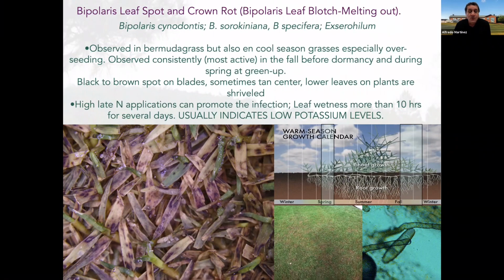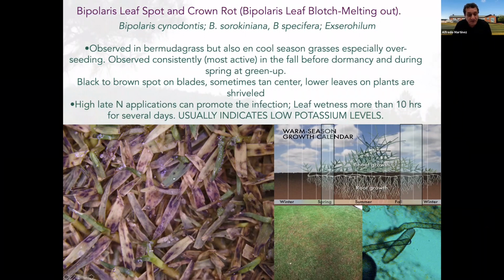One thing that promotes the infection, of course, is high humidity, but also low potassium levels. And this is almost even more so than dollar spot: low potassium levels can actually promote bipolaris leaf spot. One thing that's different is that this disease produces what we call spores, like small seeds.